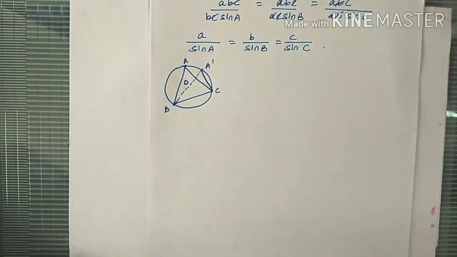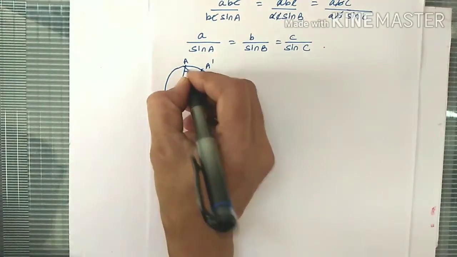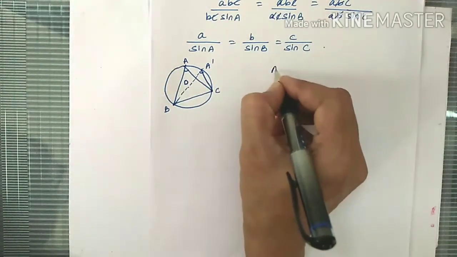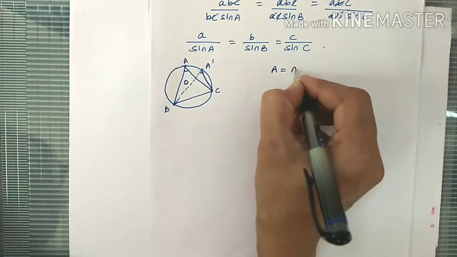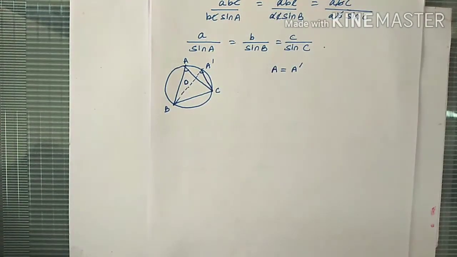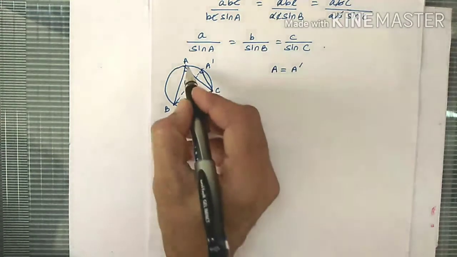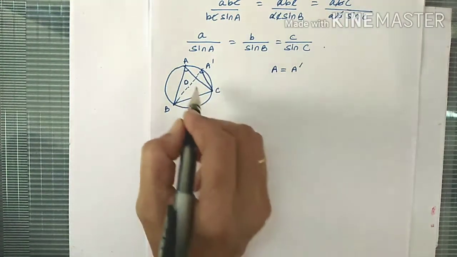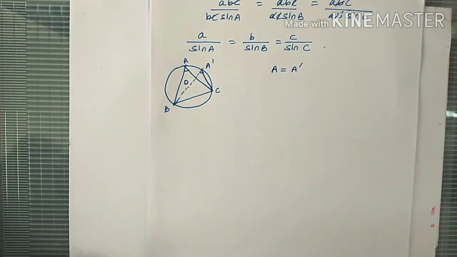Okay, let's find the relation between angle A and angle A dash. In school geometry we have studied that angles inscribed in the same arc have the same measure. A and A dash are inscribed in arc BC, so they are equal. So A equals A dash. That is the first thing.